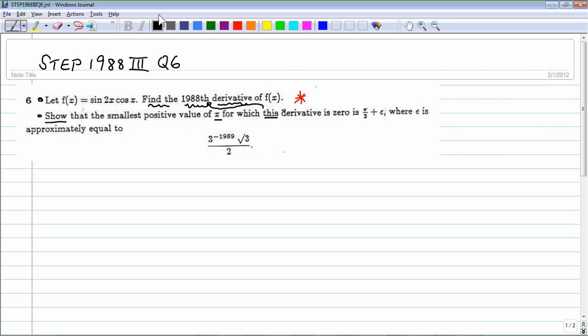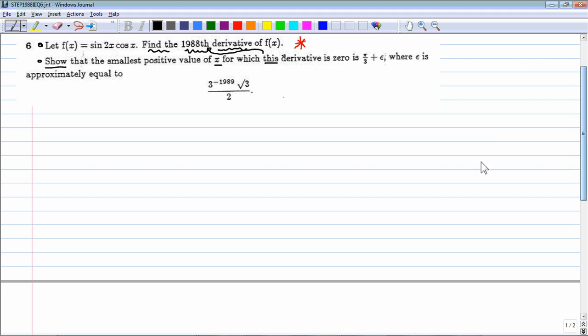Now it's definitely worth mentioning what the wrong approach is, because at the end of the day, if they don't give you hints in these questions, you are quite often going to go down wrong paths. You're going to go the wrong way sometimes, and you have to learn to deal with that.